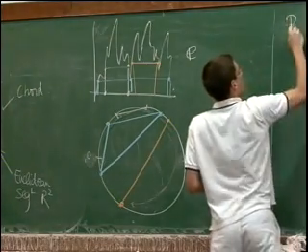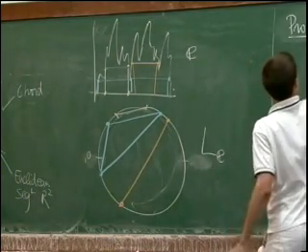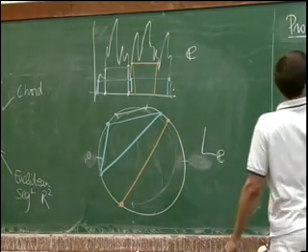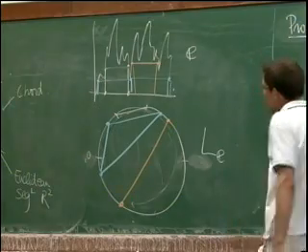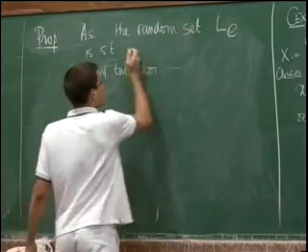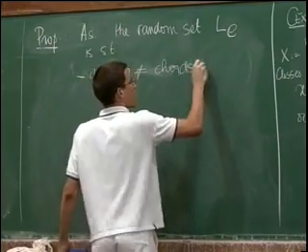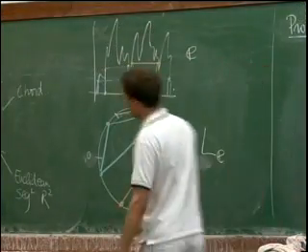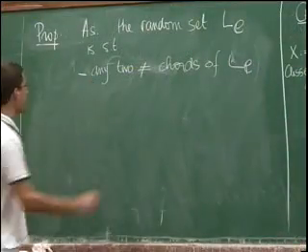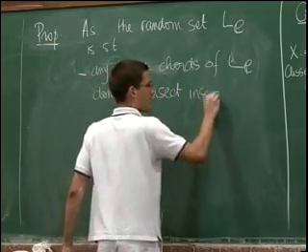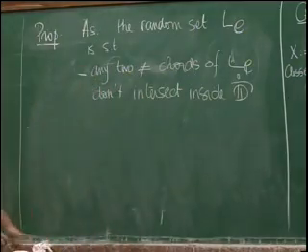Proposition. Almost surely, the random set LE is such that any two different chords of LE, where a chord is just a straight segment belonging to this union, don't intersect inside D, in the interior, in the open unit disk.